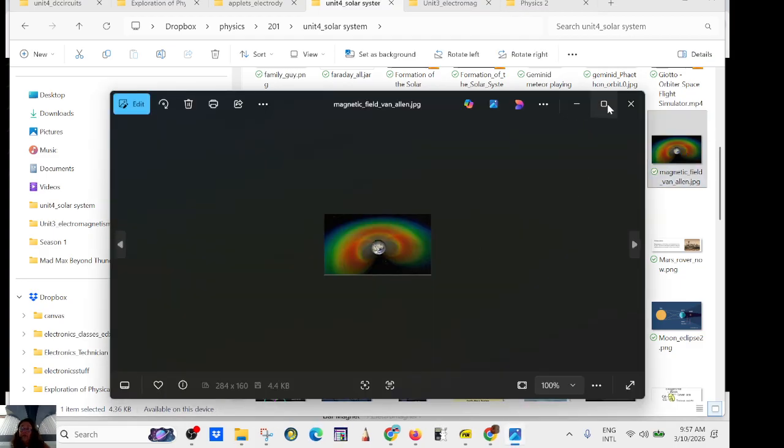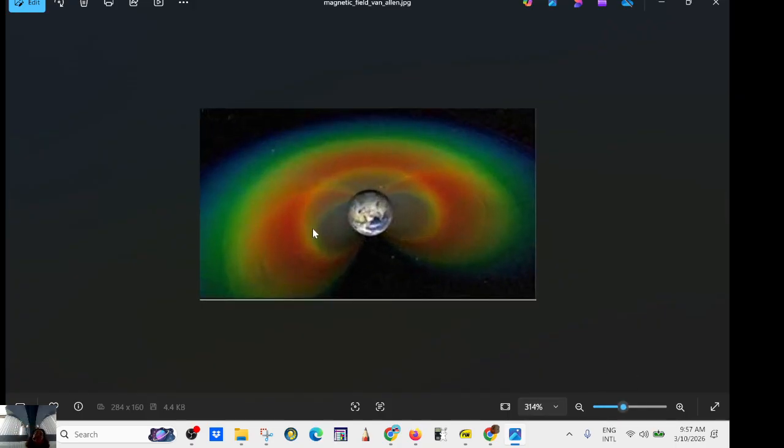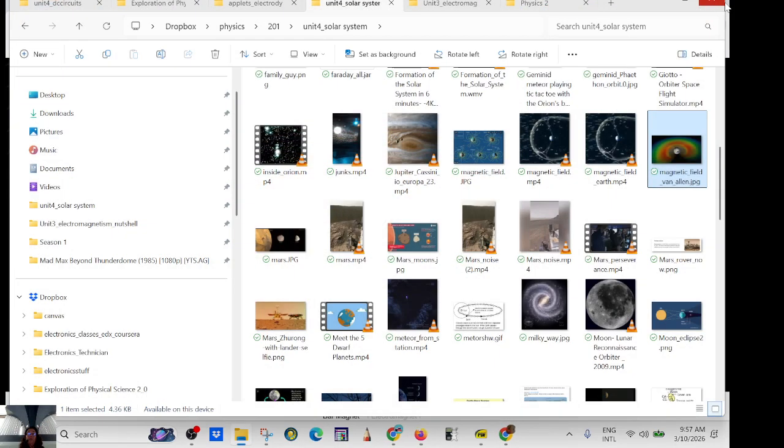Okay, so these are called the Van Allen belt. You can see it's along the magnetic field line. So again, when you have a charged particle coming from the sun, it's going to be trapped here. It's going to go around and it's going to burp out light. So that was seen for the first time by the Americans during the Cold War when they started to go in space. And so they called that the Van Allen belt.